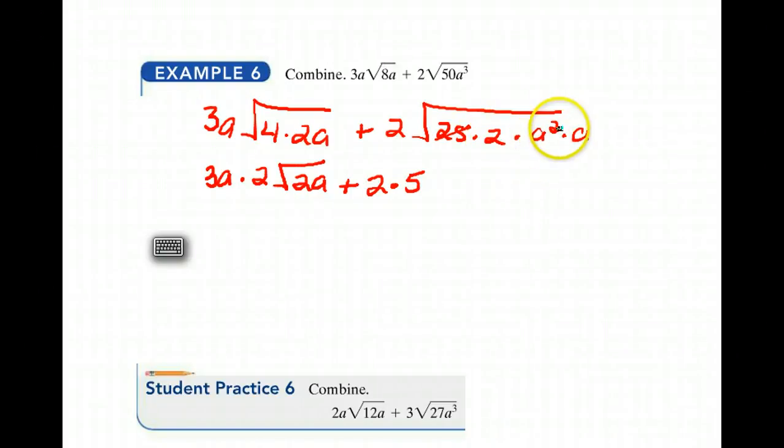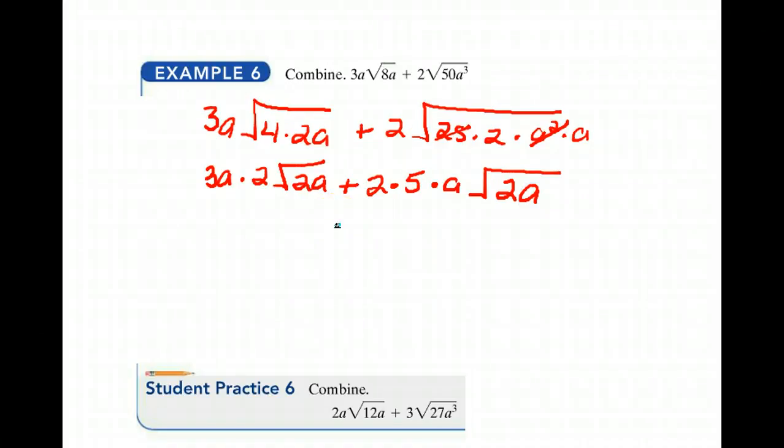A squared is a perfect square, so I can divide the 2 by 2 and get a. So that's going to get multiplied on the outside as well. So what are we left with on the inside of that radical? 2a. If you prefer to break each of those into the individual radicals, go ahead. If you can leave them underneath one radical and simplify the perfect squares out in one step, go ahead.